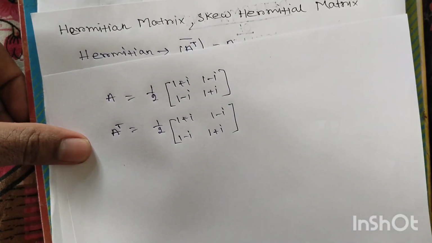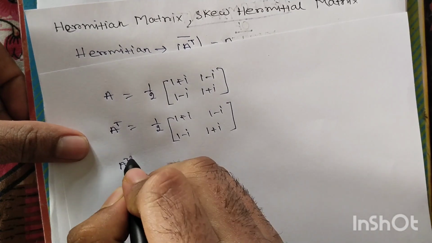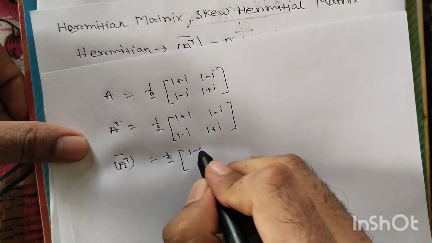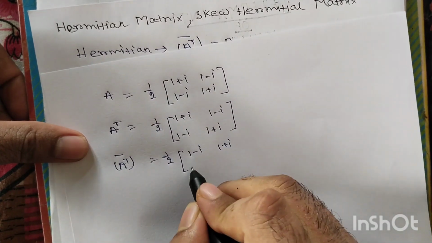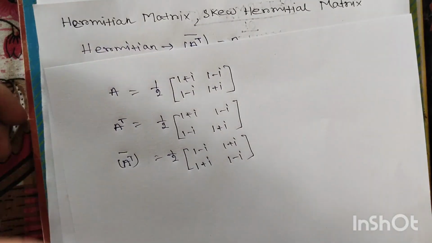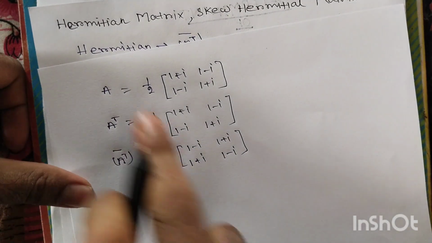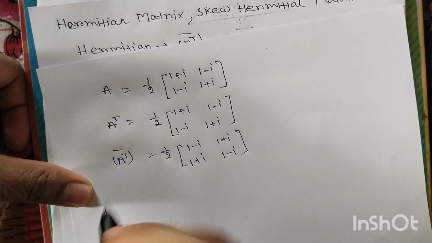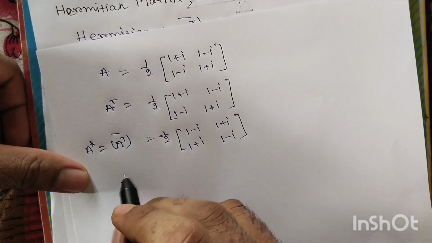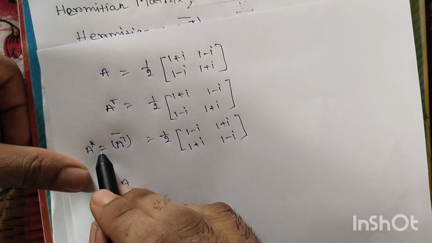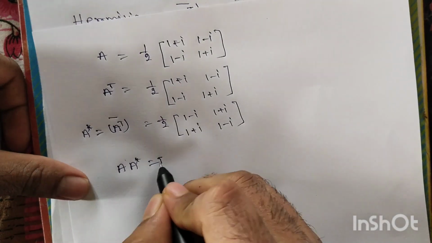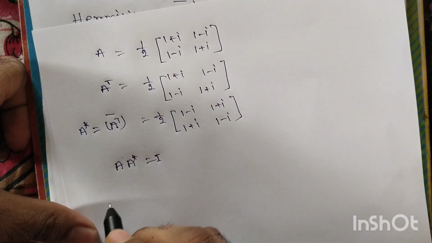Okay, this is the transpose of A, and now take the conjugate of each element of the matrix. Just change the sign of each imaginary entry. Okay, now we want to show that the given matrix is unitary. That means A star A, in short form, should be equal to I, the identity matrix. Okay.